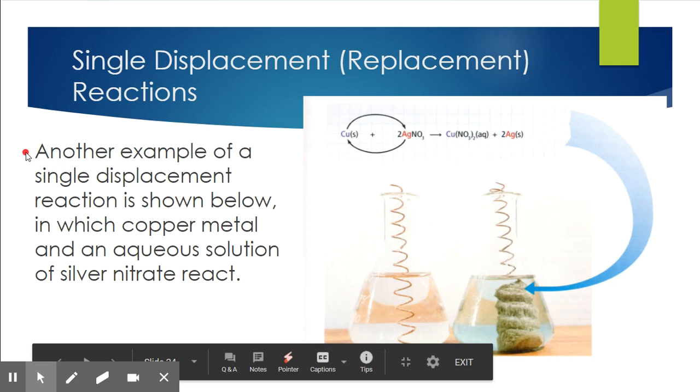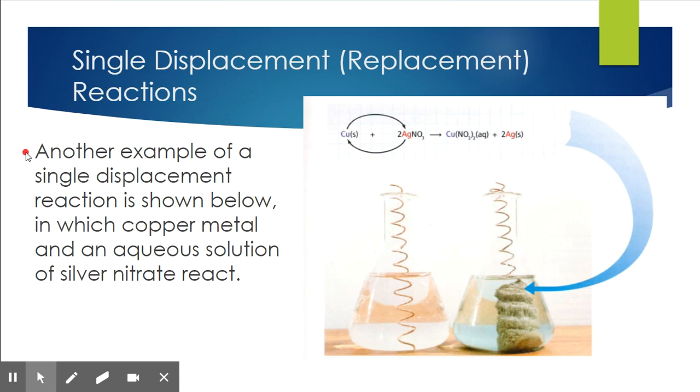Okay, another example of a single displacement reaction is shown in which copper metal reacts with an aqueous solution of silver nitrate. So we have a coil of copper metal, and we have an aqueous solution of silver nitrate, AgNO3. And it's pretty cool.